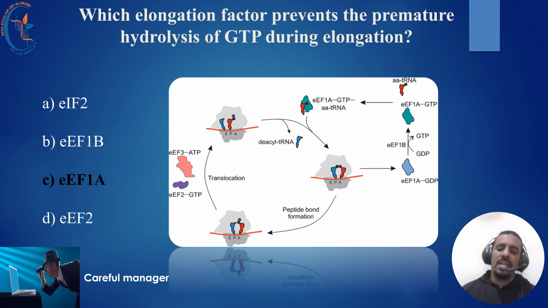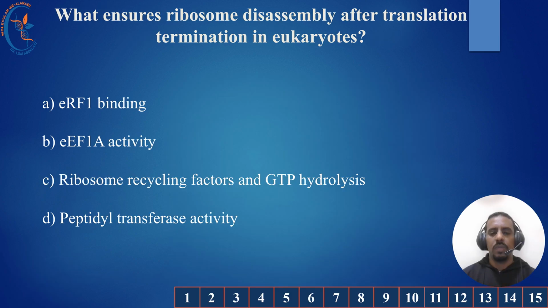Alright, let's move on. What ensures ribosome disassembly after translation termination in eukaryotes?